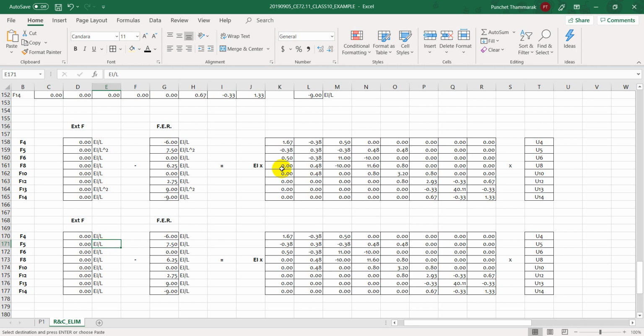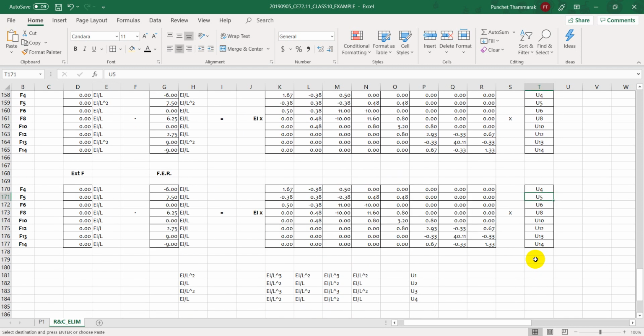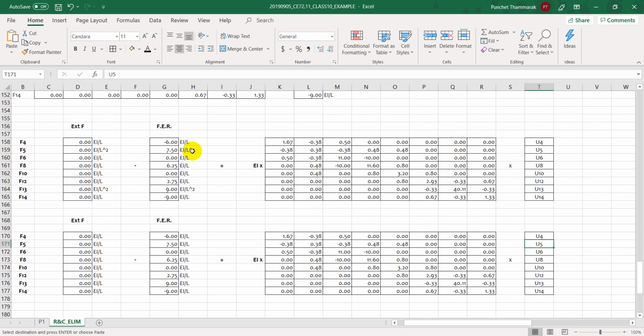You need to carry out another operation, which is the cleaning up of the variables associated with the displacement. So U5 will turn out to be U5 over L, and U13 is going to be U13 over L.